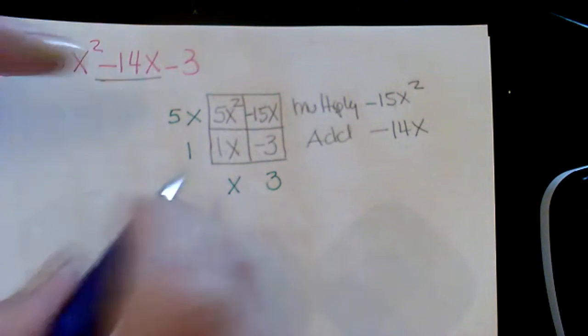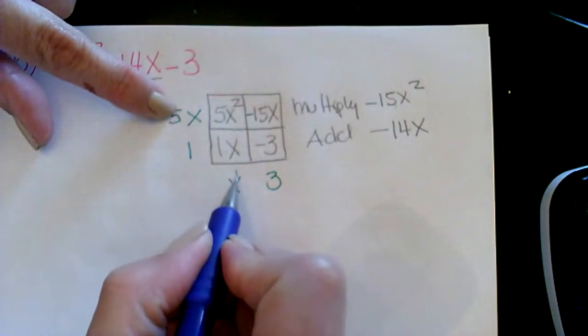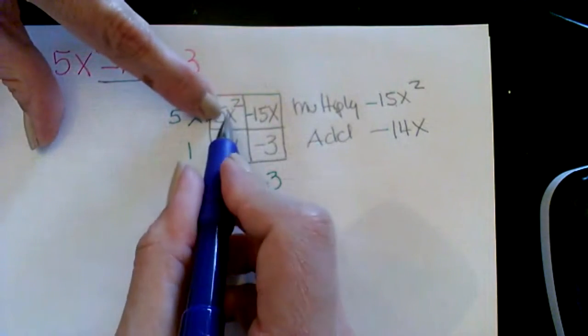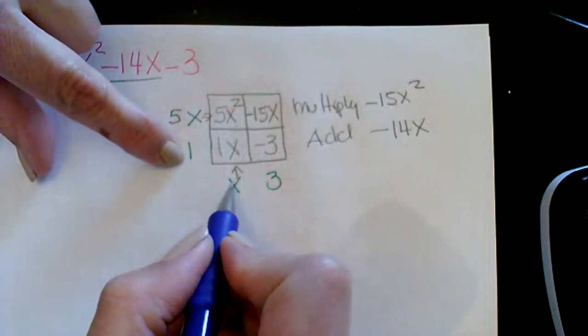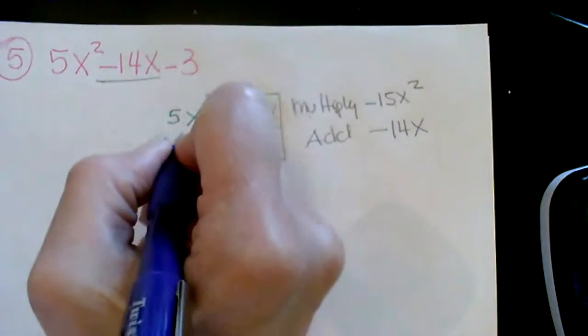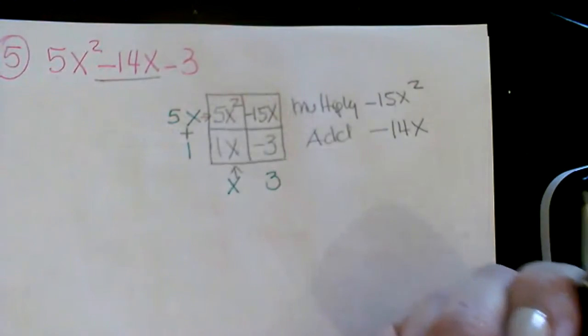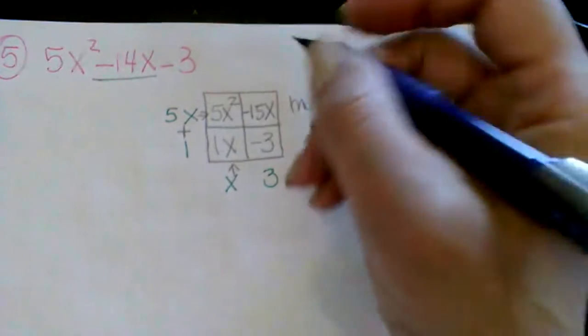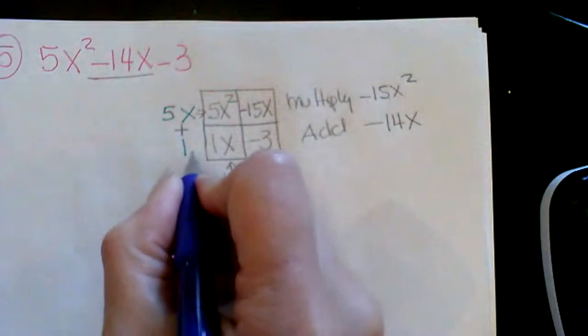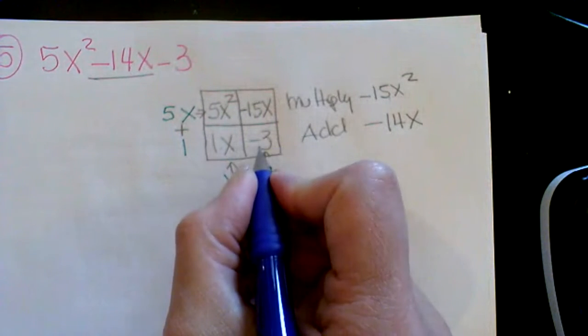Now, if I multiply x times 5x, I get positive. 1 times x, I get x. So that tells me that this is going to remain positive. Now, if I multiply this 3 times the 1, it's not giving me the negative 3.